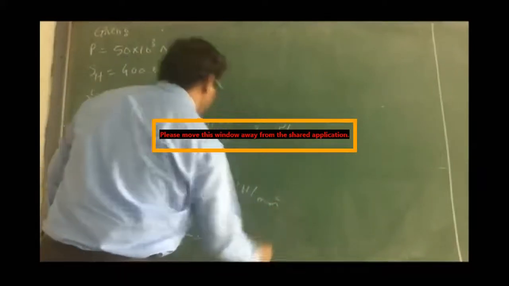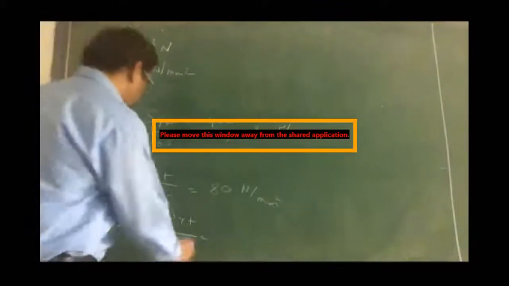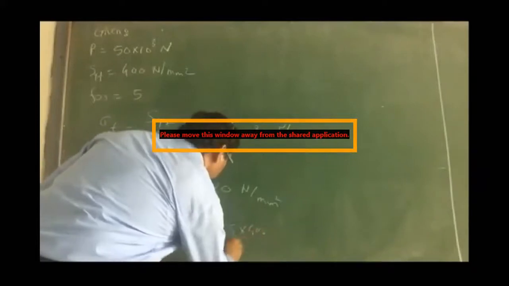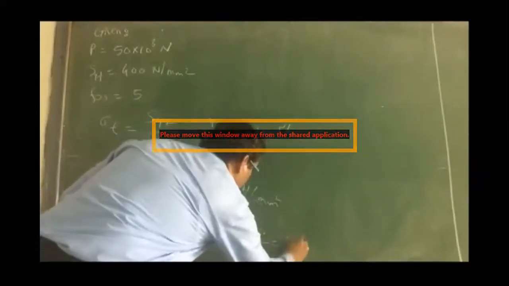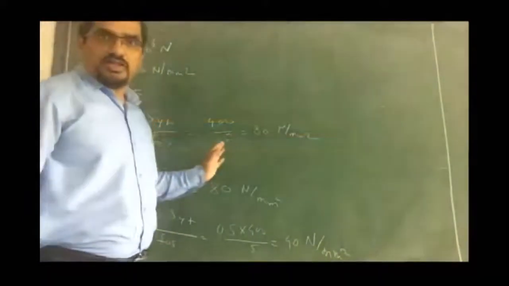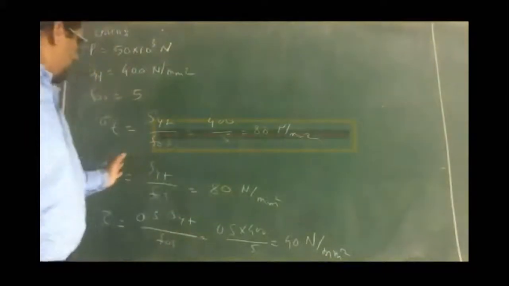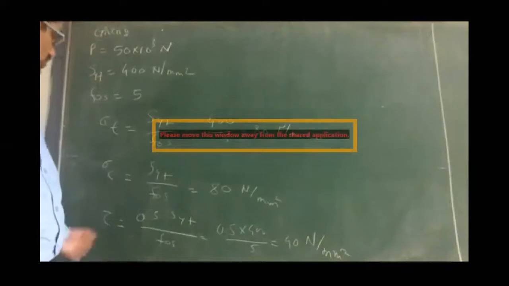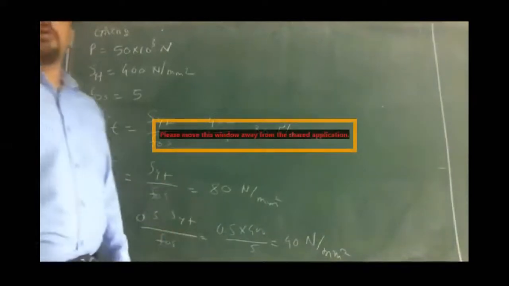Compressive and tensile stresses are the same. Tau is 0.5 of 400 upon 5, which is 40 Newton per mm square. So the allowable tensile stress is 80, allowable compressive stress is 80, and shear stress is 40 Newton per mm square.